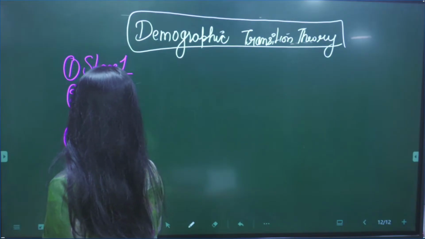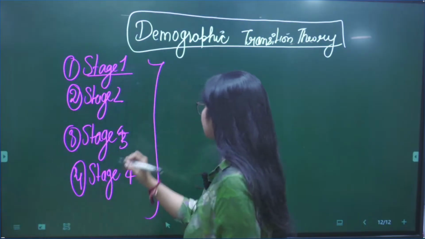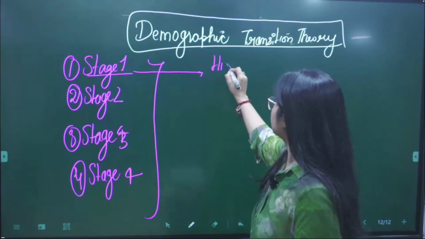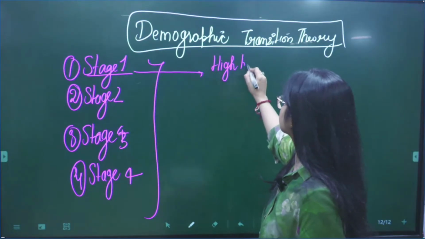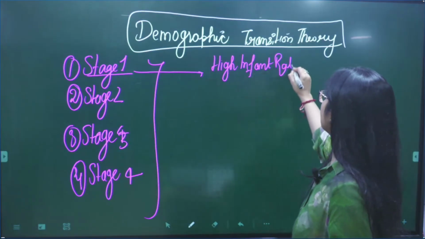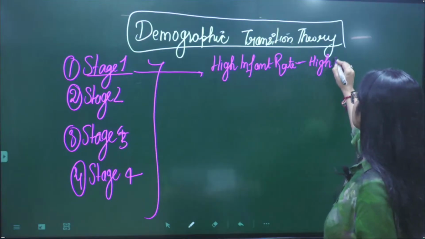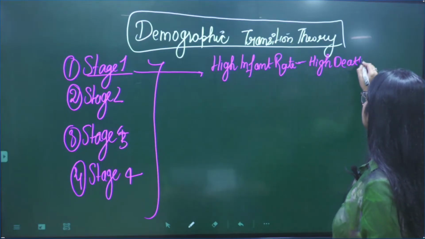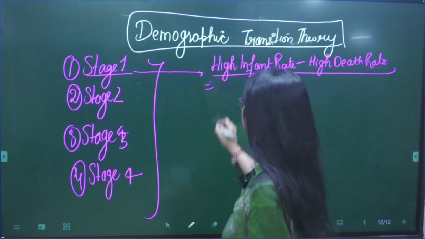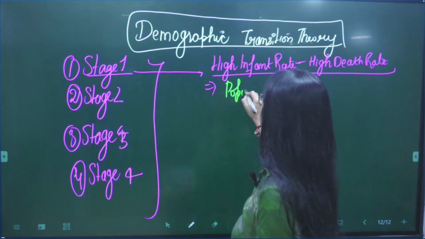The first stage that we have is high infant death rate and also high birth rate. That means the population is balanced. Here, the population will get balanced.